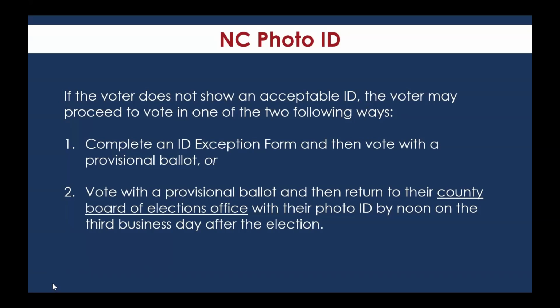So it is not a one-time option. There are additional avenues for individuals who may not have their ID with them that day or who may not have an acceptable ID at all. All right, next slide.